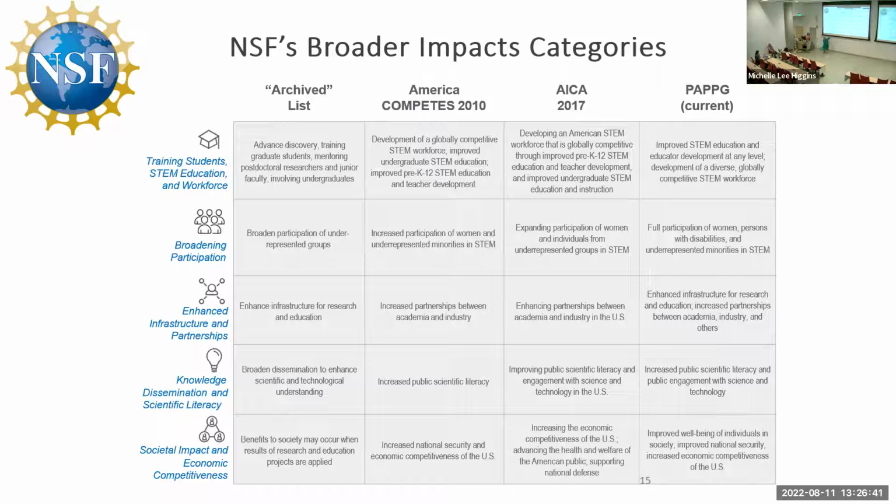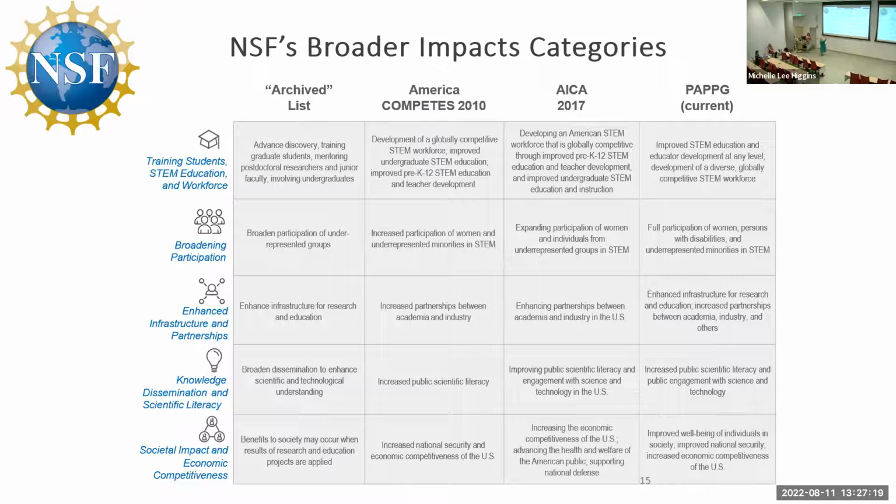You'll see the wording was still loose, like benefits to society may occur if education are applied. We want to enhance infrastructure, broaden dissemination to enhance science and technological understanding. So that's why a lot of times you would have to put a dissemination plan in your NSF proposal. But again, it was largely disseminating to other disciplinary experts, to other scientists in your field. It wasn't really getting at the idea of public science literacy or knowledge dissemination.